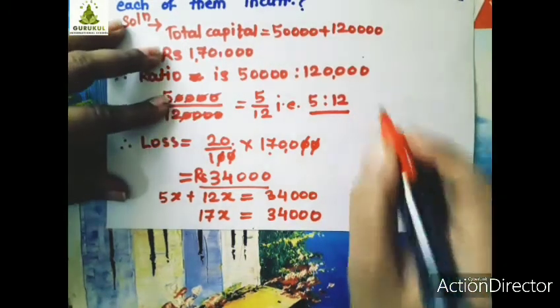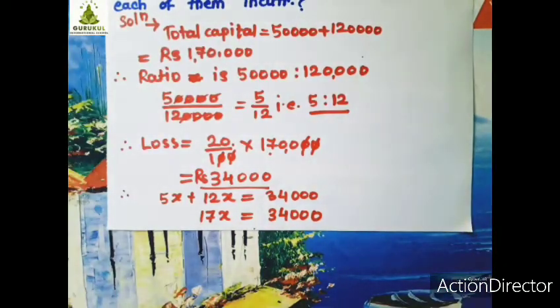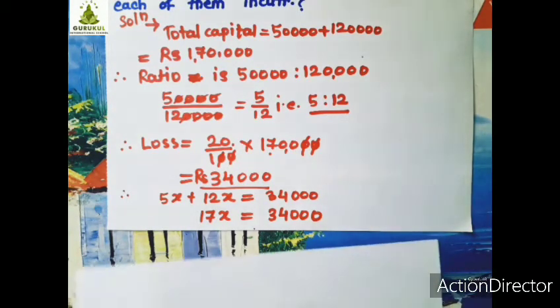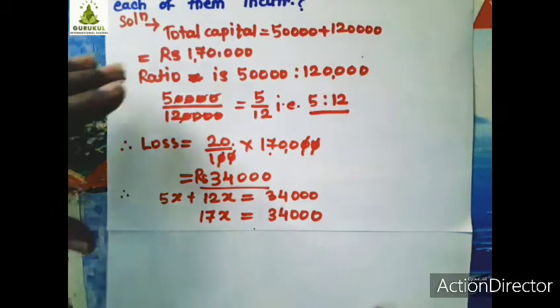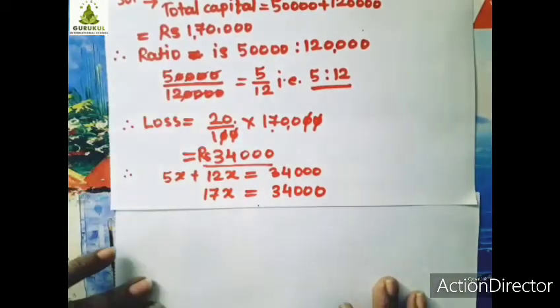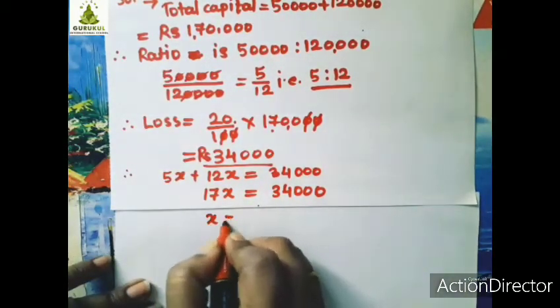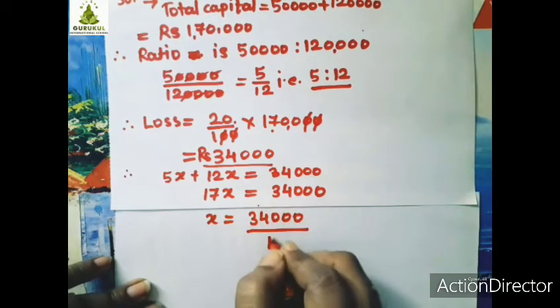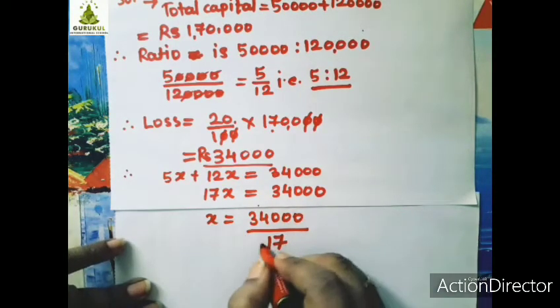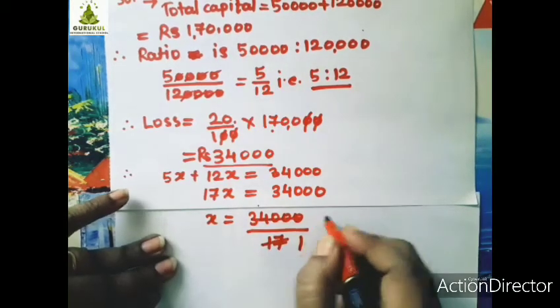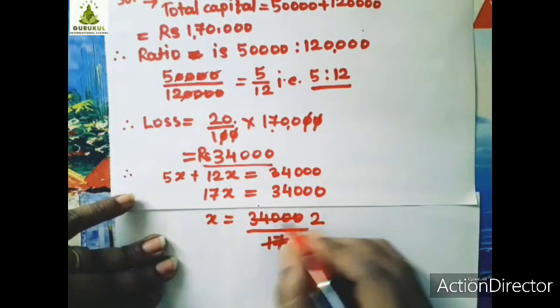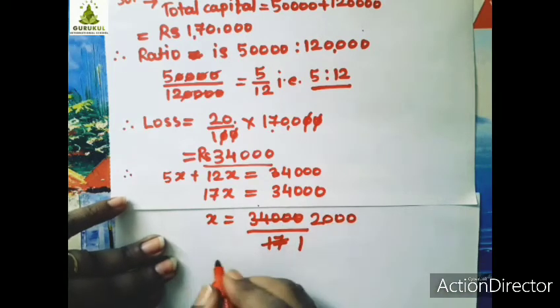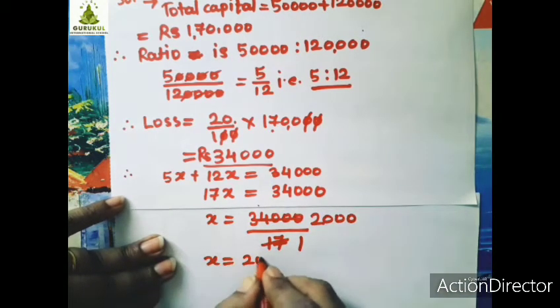We have to find out the value of x. So x is equal to 34,000 divided by 17. 17 ones are 17, 17 twos are 34, and 3 zeros. So x is equal to 2000.